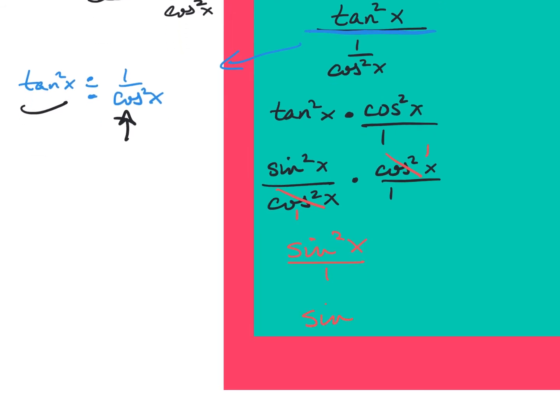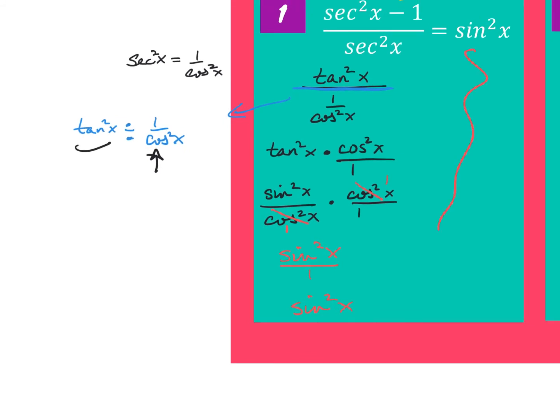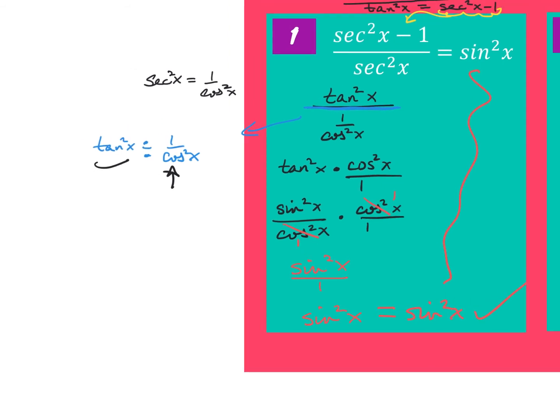So now I'm left with sine squared x, which is what it wanted me to simplify it to. So the answer to your problem is all of the work it took to simplify it to that other side of the equal sign.